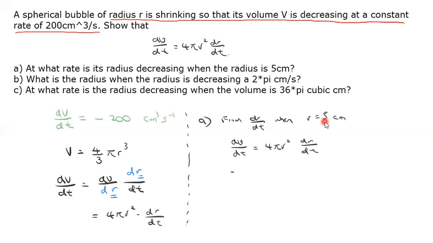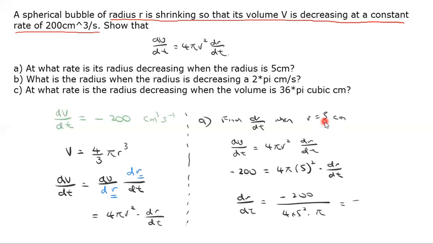So basically we've got negative 200 equals 4 pi times 5 squared times dr dt. Are you clear with that? Which therefore means dr dt equals negative 200 divided by 4 times 5 squared pi, which is negative 2 over pi centimeters per second.